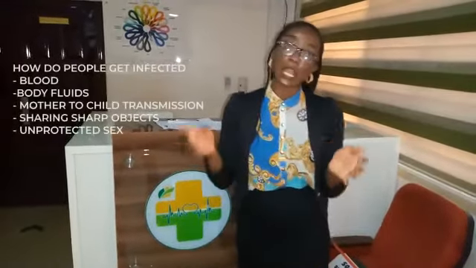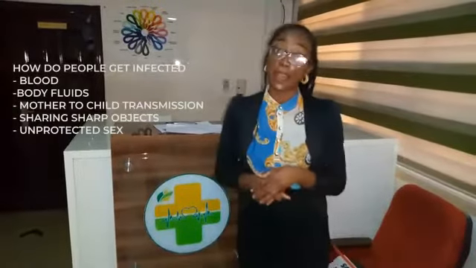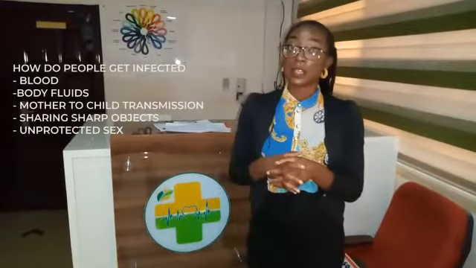So what are the ways people can get hepatitis B virus? The main mode how people get it is through blood and body fluids, body fluids like vaginal fluid, semen, menstrual fluids, and the likes.